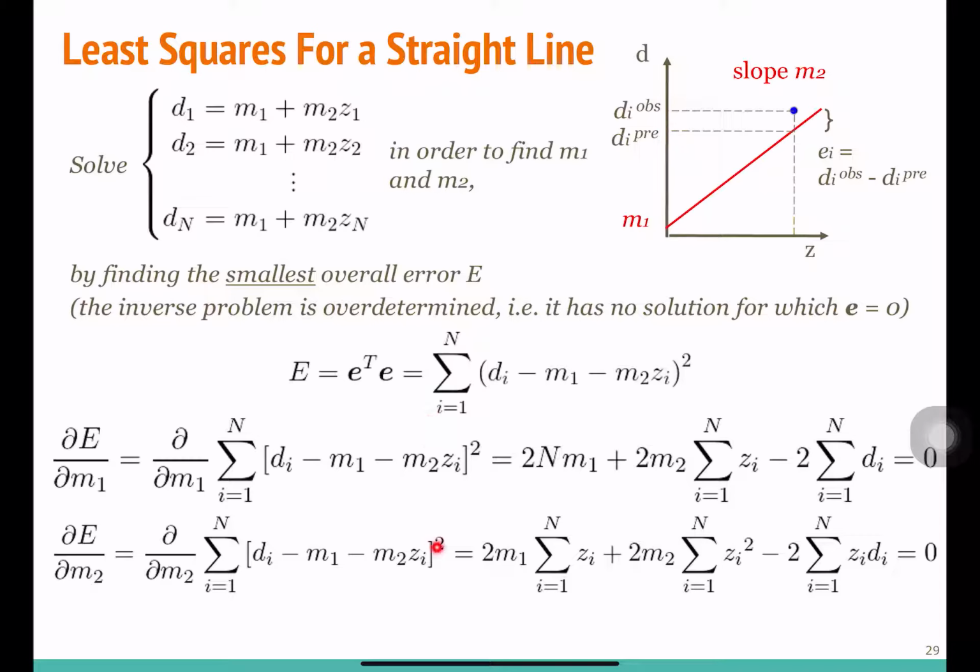I think you have already learned this in your statistical course. We just differentiate this over the two model parameters in here. You can just do it analytically, and then we set it to 0 because we want to find the smallest E.